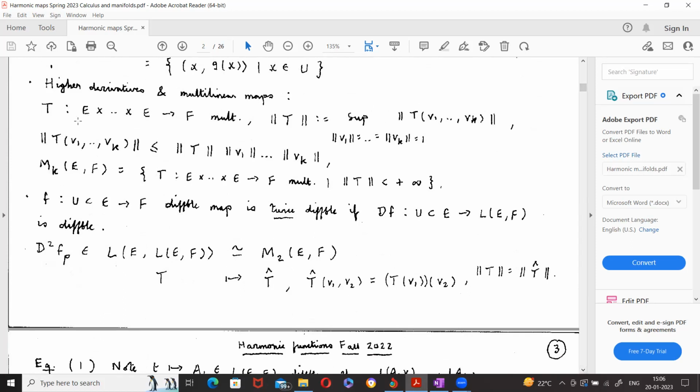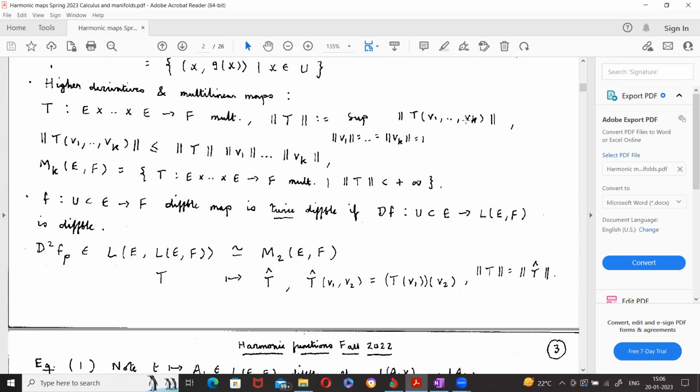So suppose first we have a multilinear map T from E cross E cross E, say k times, to F. Then you can define the norm of this multilinear map similar to the way you define the operator norm of a linear map. The norm of a multilinear map is the sup over norm v1 equal to 1 up to norm vk equal to 1 of the norm of T(v1, ..., vk).